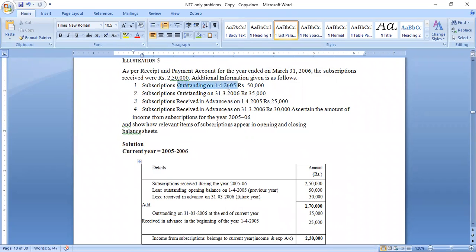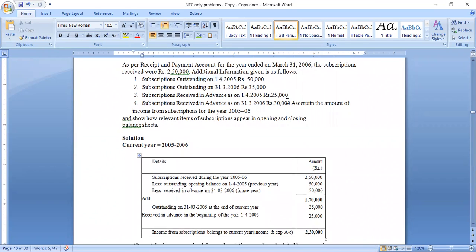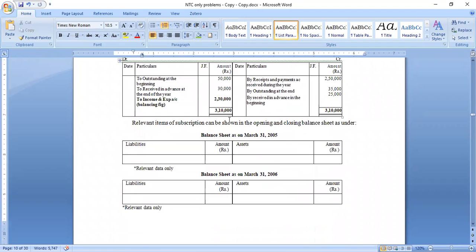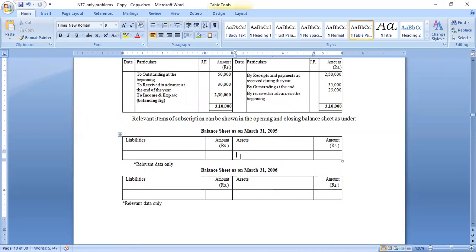So outstanding income is an asset and received in advance is a liability. So at any time they have to mention it or they have to pay back. So that is why it is a liability, advances. So outstanding on 1/4/2005 is an asset.